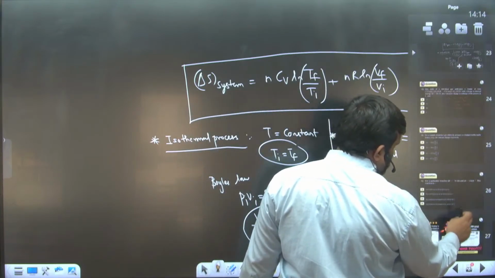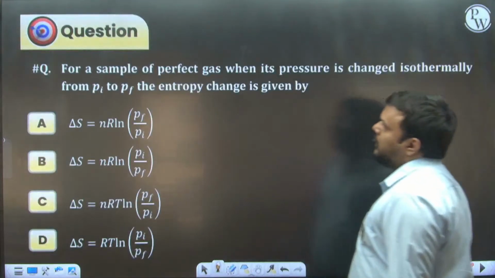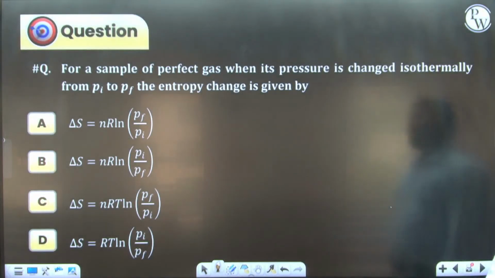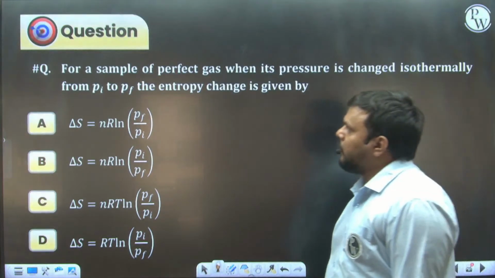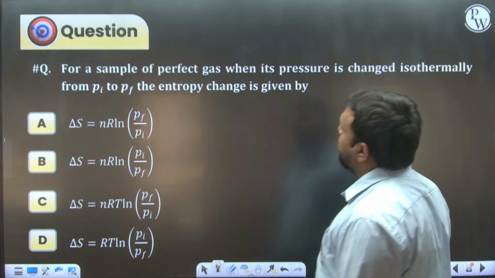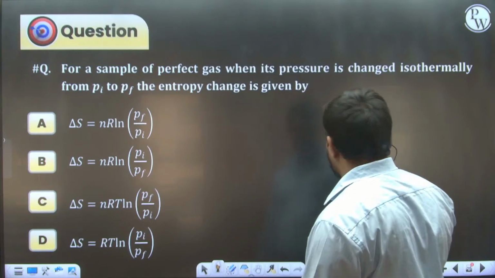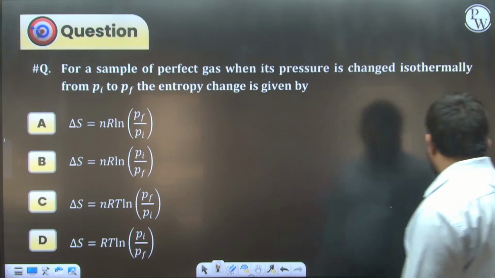So this was the question they asked in NEET. For a sample of perfect gas, when its pressure is changed isothermally from pressure initial to pressure final, the entropy change is given by. So already now only we had discussed this.